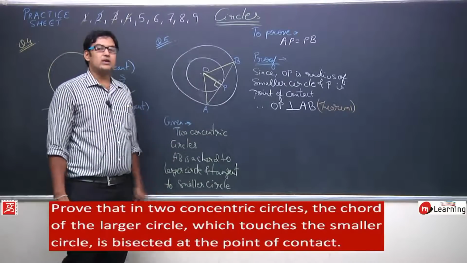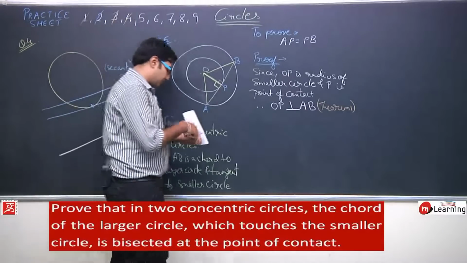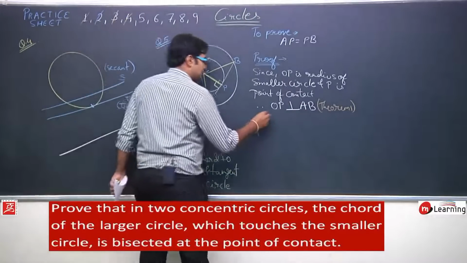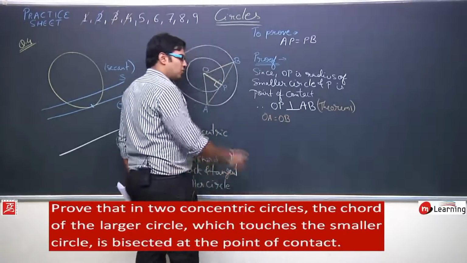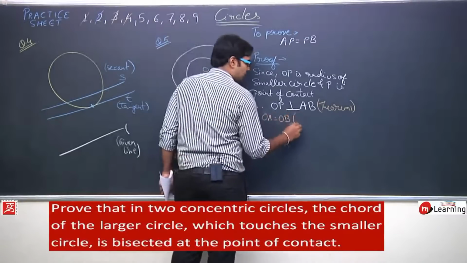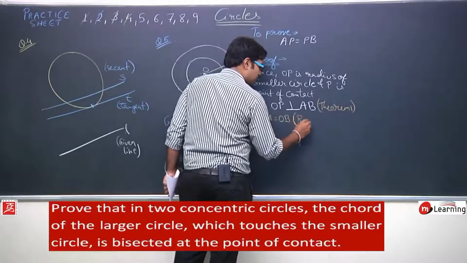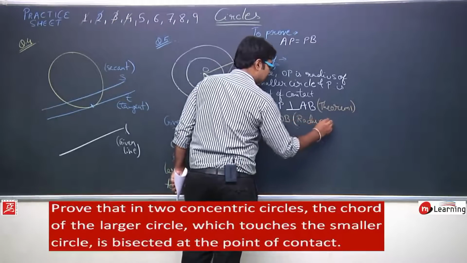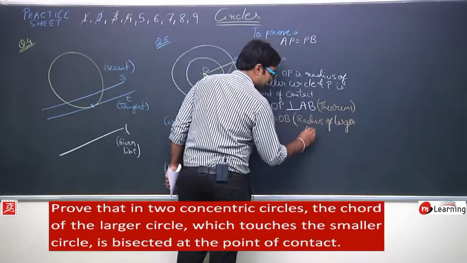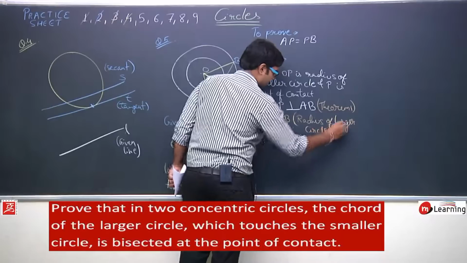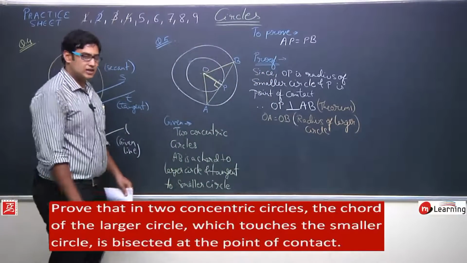And OB is also the radius of the larger circle. So OA is equal to OB, because both are radius of the larger circle.